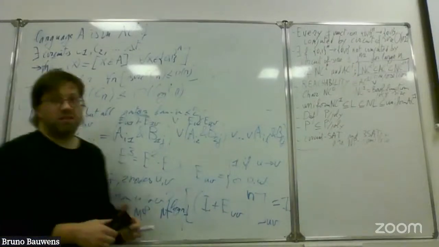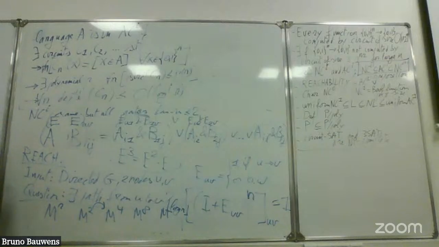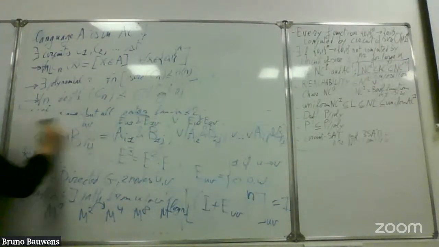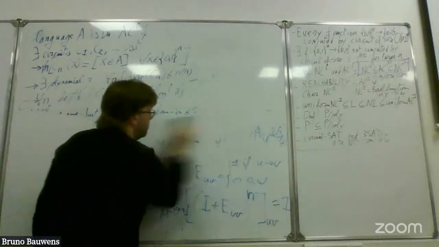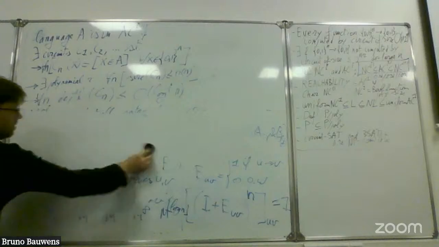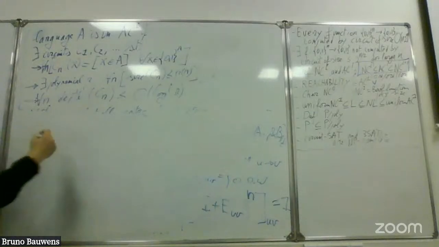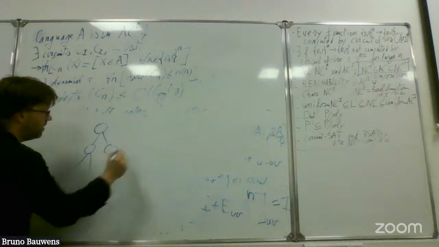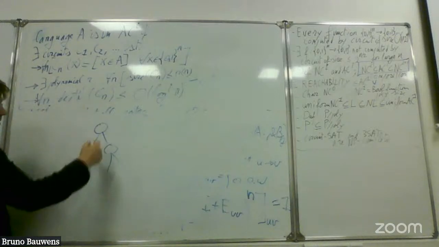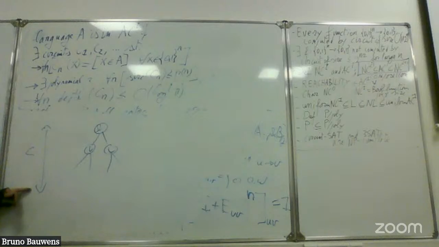So is it clear? So imagine we have a language in NC0. We have an output node, and then we have a circuit, all nodes fan-in 2, and the depth is at most a constant independent of n.